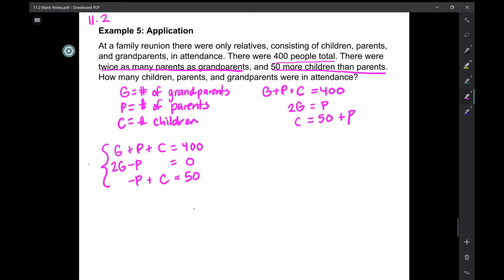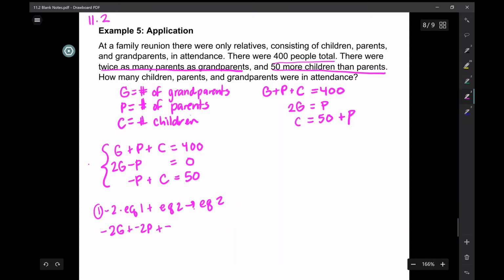All right, let's get rid of that G in equation 2. So let's go minus 2 times equation 1 plus equation 2, and that will be our new equation 2. Minus 2G minus 2P minus 2C equals minus 800, and 2G minus P equals 0.